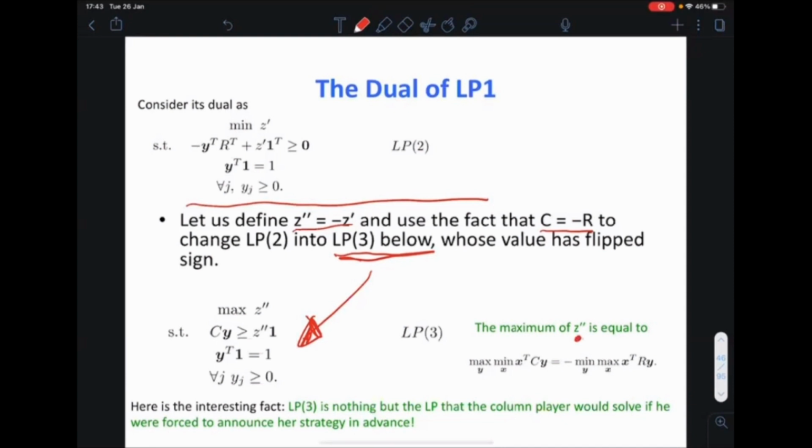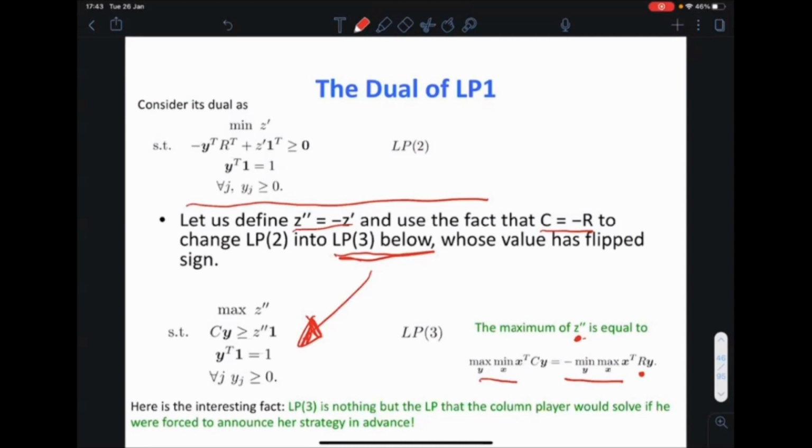They do this max-min kind of strategy, but you can change it to min-max from the column player's perspective. So it really depends on how you're looking at it. From their own perspective they always maximize, but from the opponent's perspective, you are actually minimizing that.